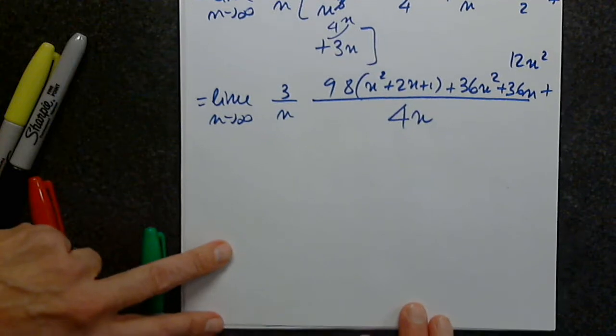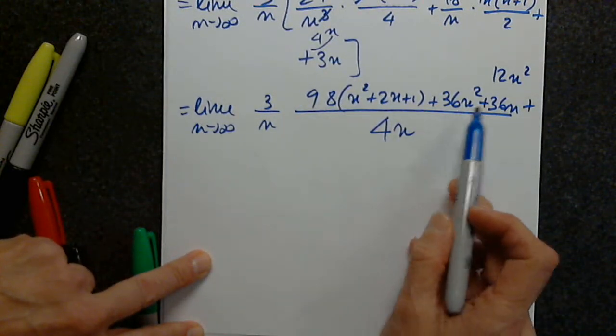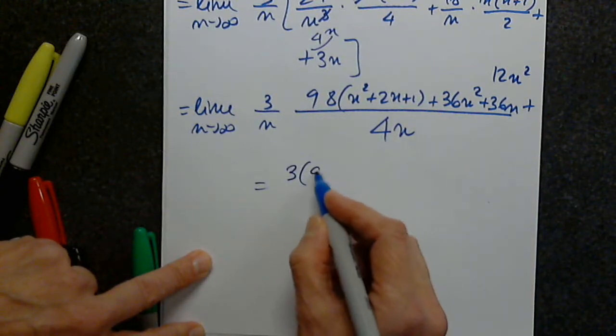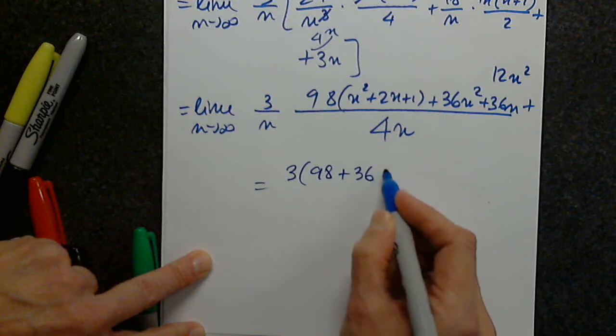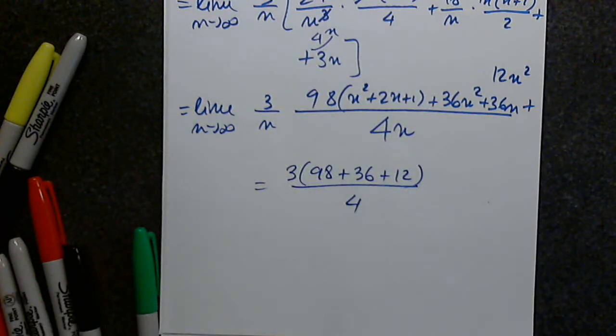Now, I'm okay if you say, I know from here that it's going to be 98 plus 36 plus 12. I'm okay if you write 3 multiplied by 98 plus 36 plus 12, divided by 4. Because at this point, we know that it's the leading coefficient over the leading coefficient. I can use L'Hopital's rule if I want to, but it's n squared over n squared. So let's see what I get.